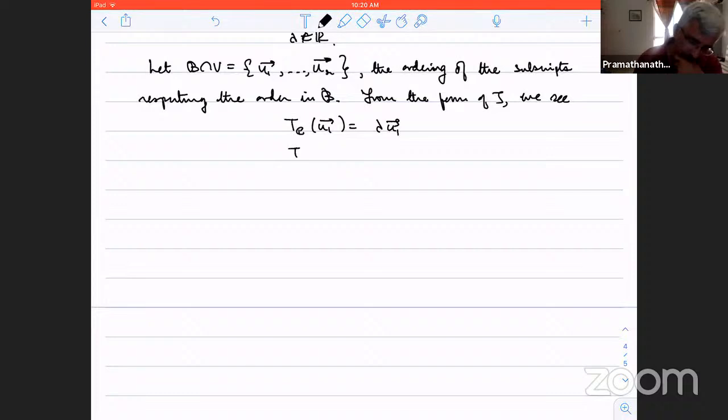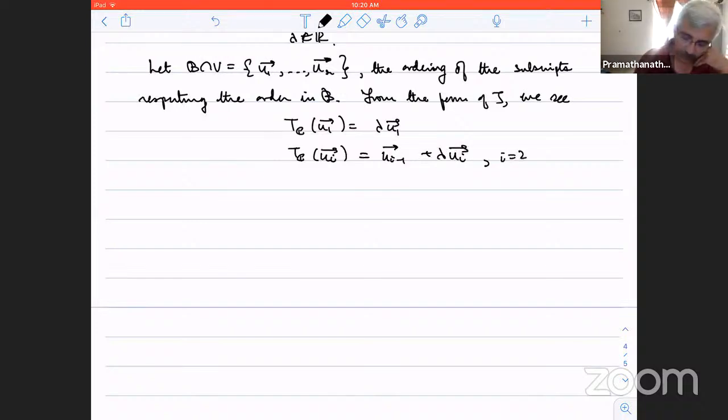Then after that, TC of UI is equal to UI minus 1 plus lambda UI, for I from 2 to R.